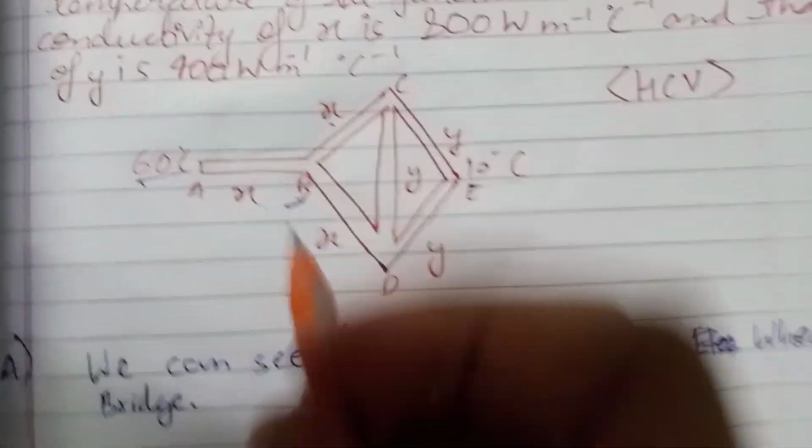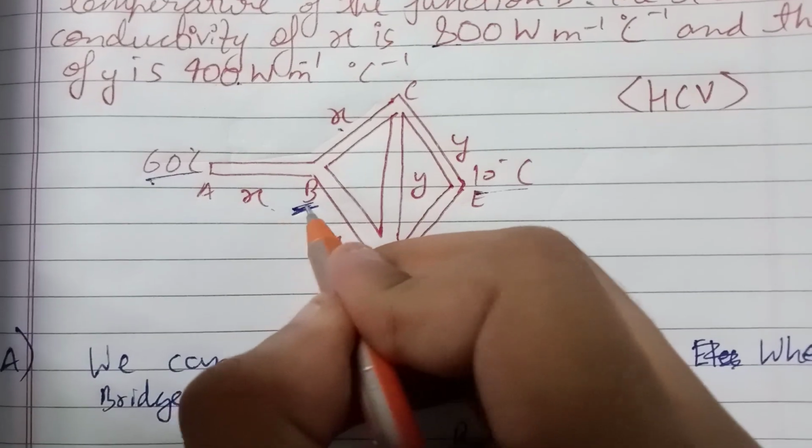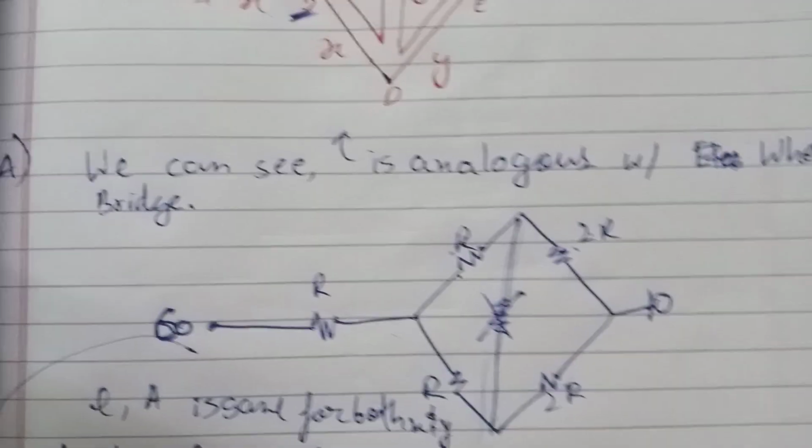Now the next part of the question asks us the temperature of this junction. So what we can do is, now the equivalent resistance of the whole circuit is 5R by 2. This is 60 and this is 10.